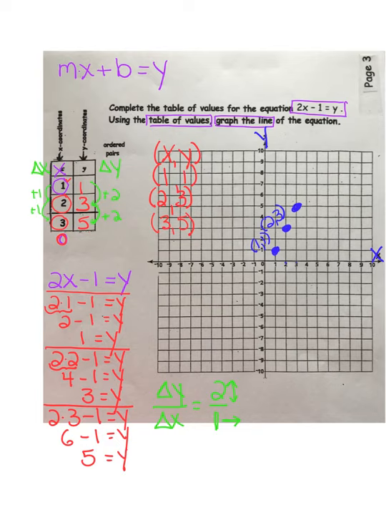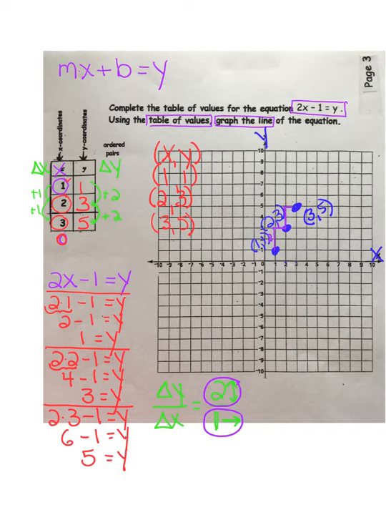You can see that a trend or a pattern is developing. Our points are climbing at a steady pace. In fact, we are always going up 2 over 1. Up 2, 2 blocks, over 1.